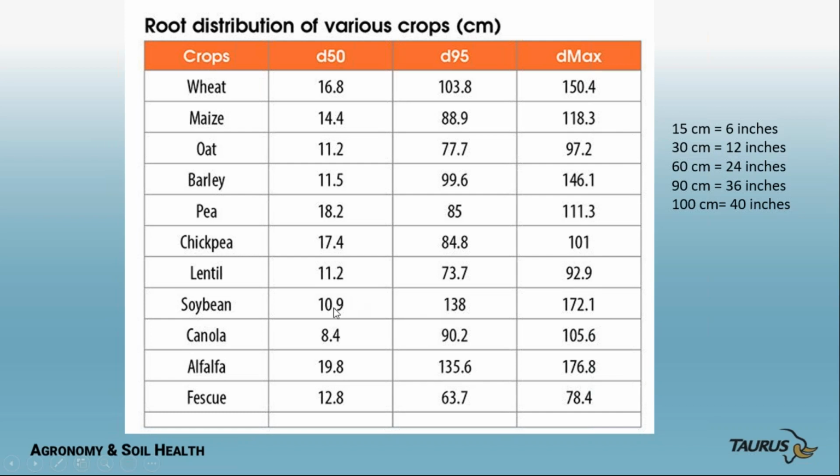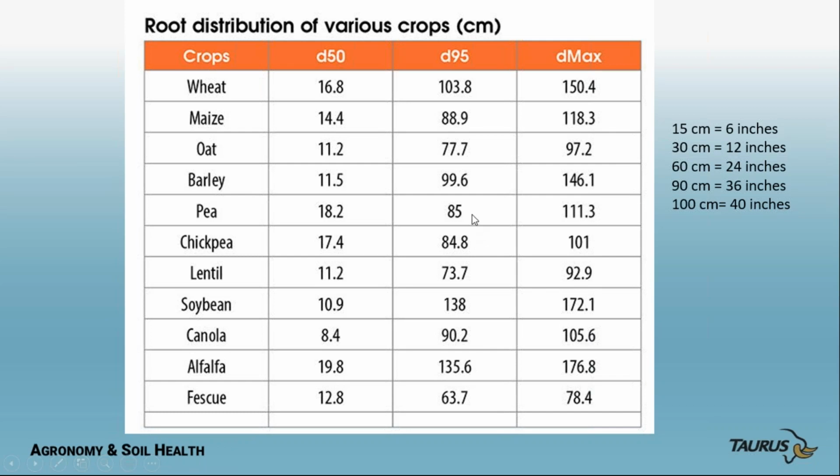And soybeans have 50% of the roots in the top 10. But on the whole, most of the roots, 50% of the roots, are in the top 6 inches. 95% go down a lot more, and then for 100%, they go down a lot more. But in canola, that's a lot of expenditure to go down to get those extra few roots, another 5% of roots, and they only do that if they have to. And that's all the point is there.